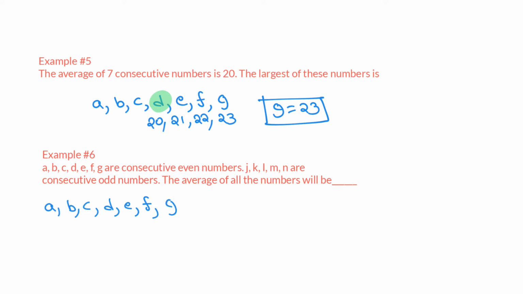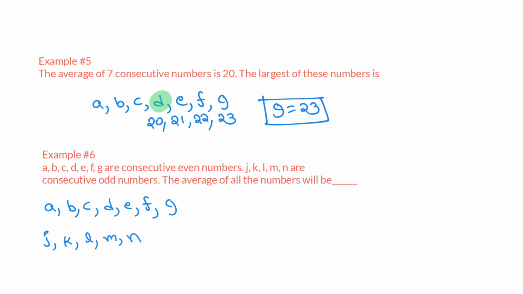Just observe here, this is a set of odd count. Similarly, another set is given to us. It is a set of consecutive odd numbers which are designated as J, K, L, M and N whose count is 5.